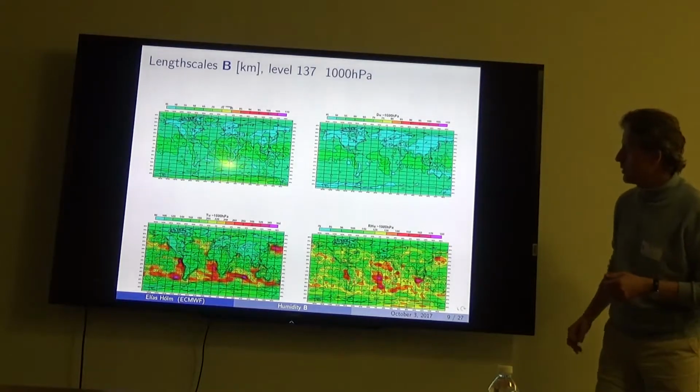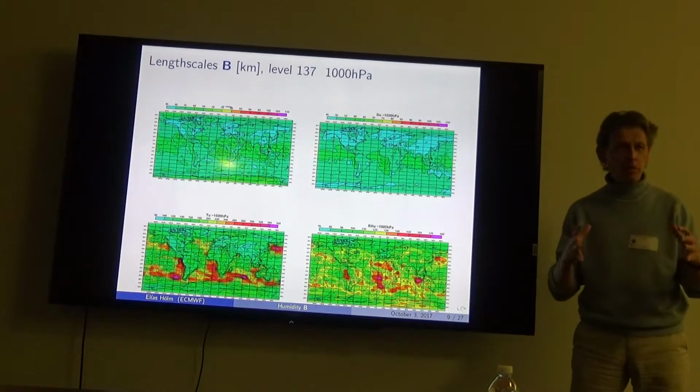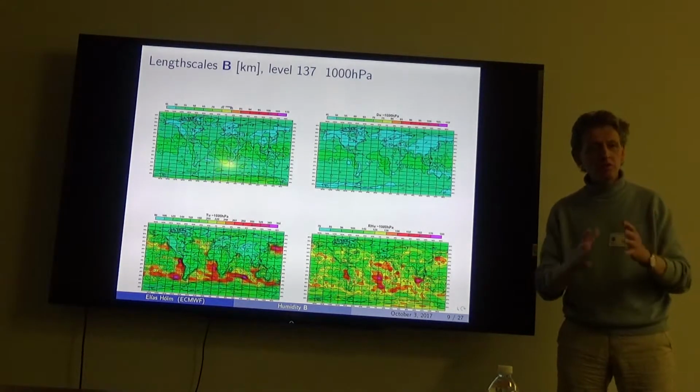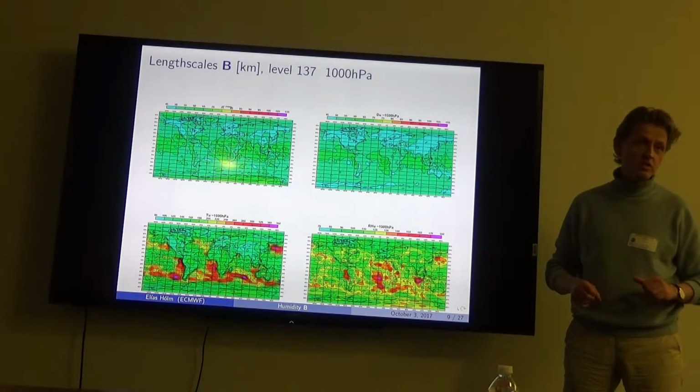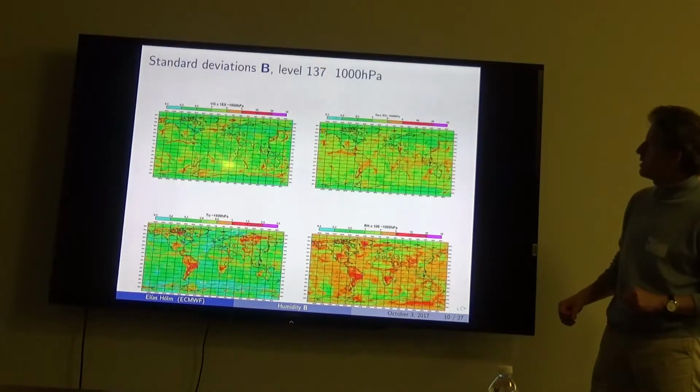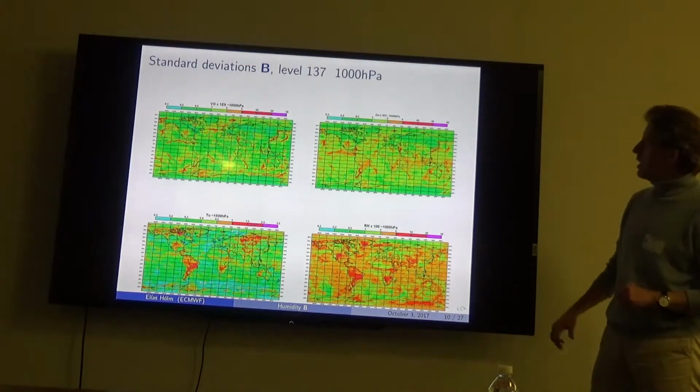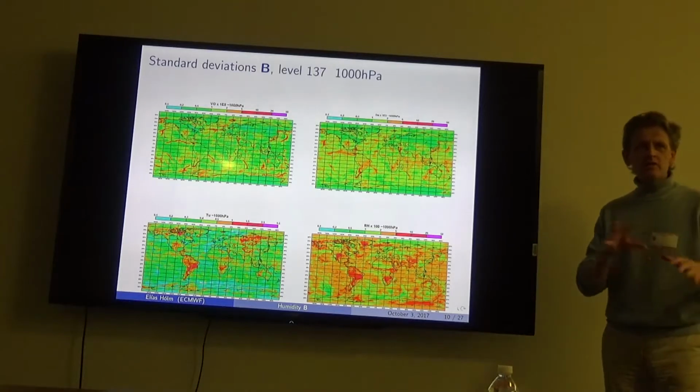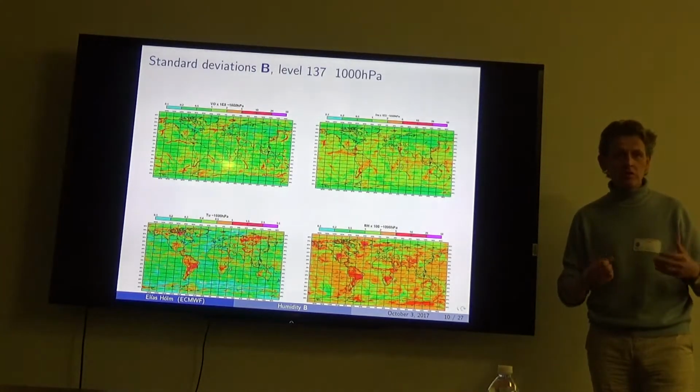That seems to be good enough. But we really need to sample over this 250 by 250 kilometers to get some noise out of the system. Okay, next one. These are standard deviations. Okay, so that was it. So this is more or less what the EDA does for us.